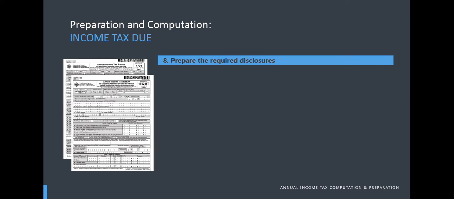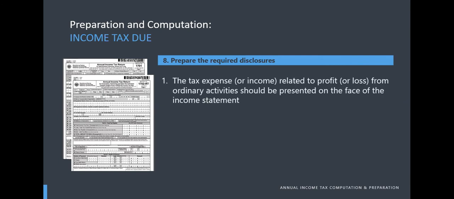Lastly, is to prepare the required disclosures. So the tax expense or income related to profit or loss from ordinary activities should be presented on the face of the income statement. So the income tax expense must be on the face of the profit and loss statement. The income tax payable must also be reflected as a separate line item in the balance sheet.